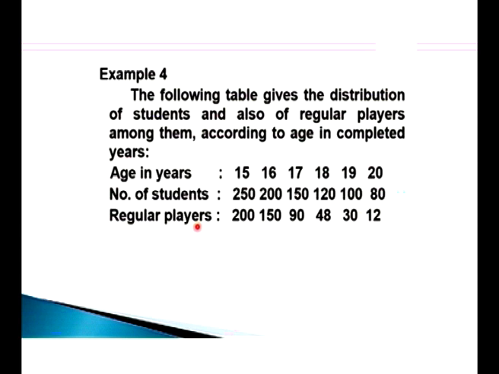And one more information is given in the question about the regular players. The regular players among the 250 students in the age group of 15 is 200, and 150 students are regular players in the age group of 16, like that.